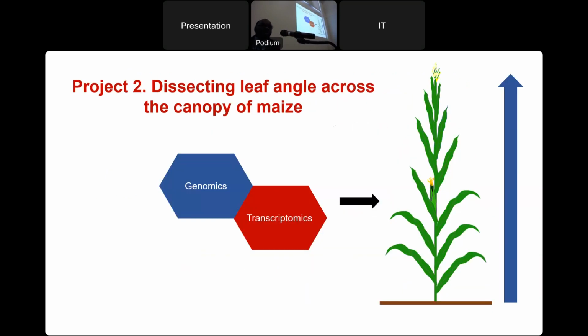I'm going to talk about the next one, where we are using genomic and transcriptomic data to dissect the differential control of leaf angle across the canopy of maize. So on the first slide, we were looking across time, but on this one, we are looking vertically. But let's start with why leaf angle.